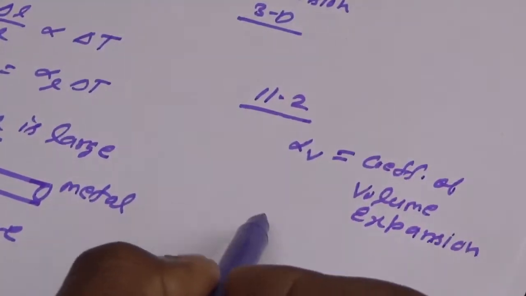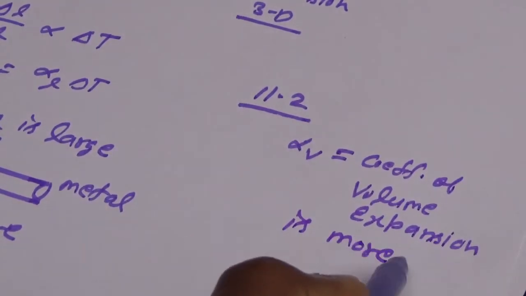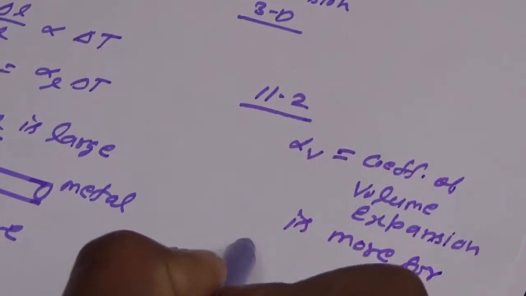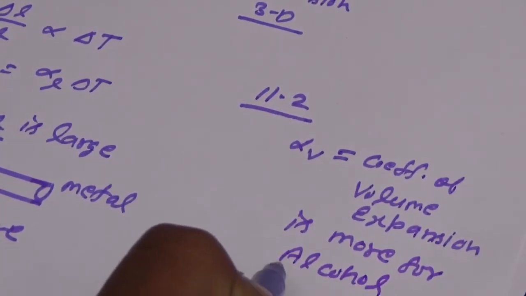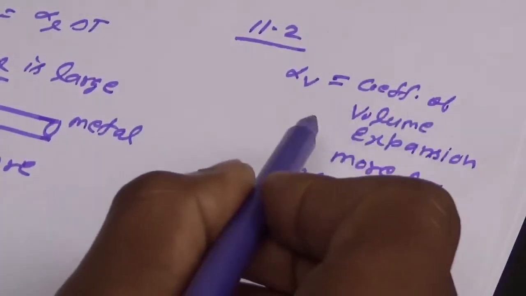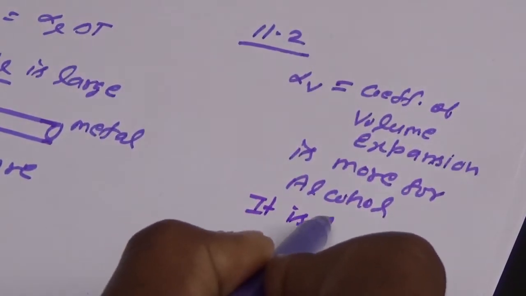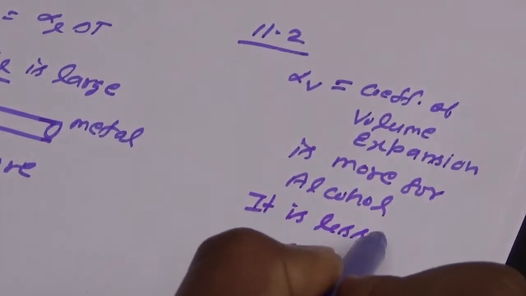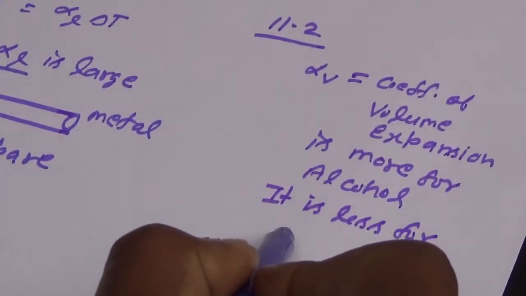The value of alpha V is more for alcohol and less for mercury.